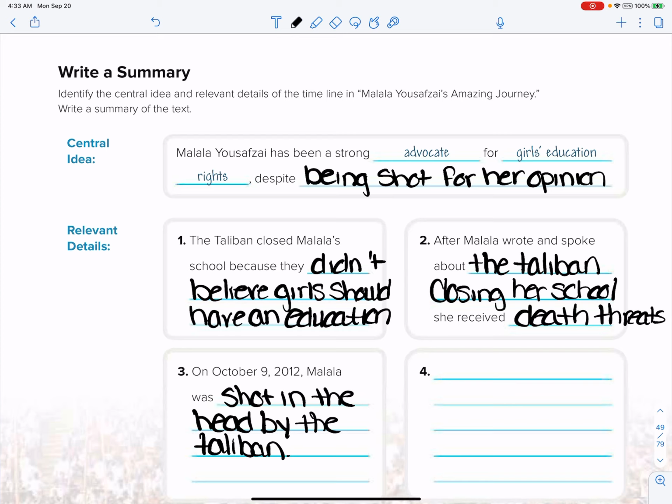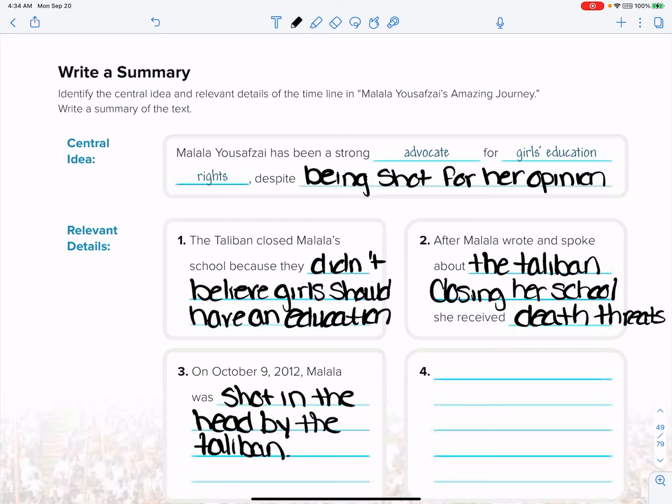And a last detail, what happened after she was shot? What happened afterwards? So it kind of became national news, and everybody found out about it, and it created what? Do you remember? It created the Malala Fund, which promoted girls' educational rights.